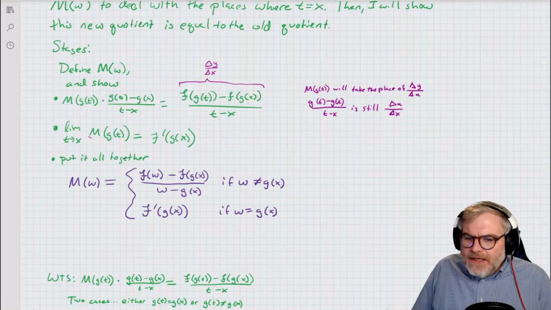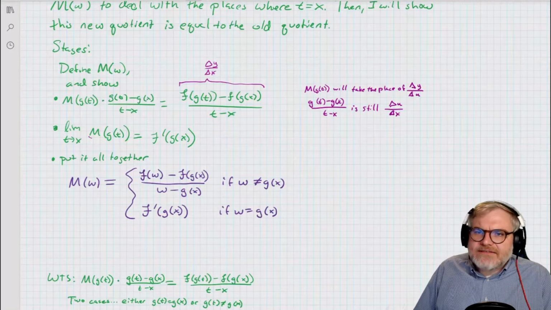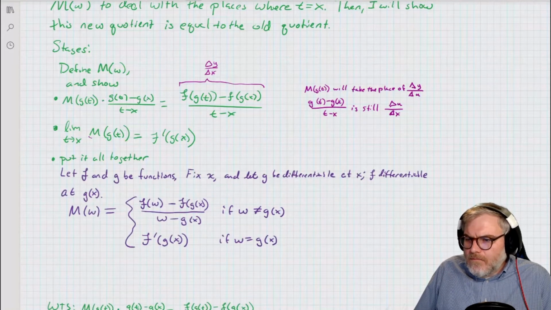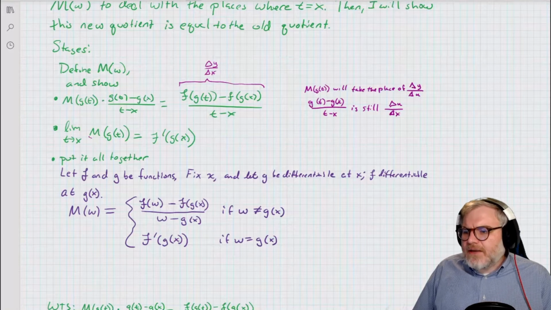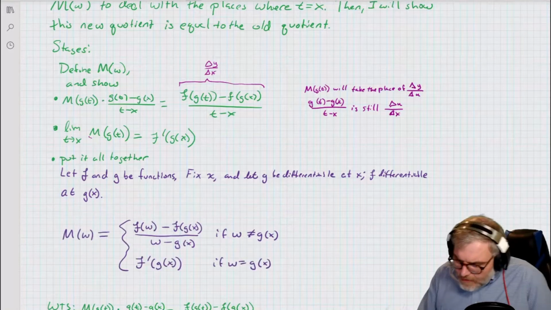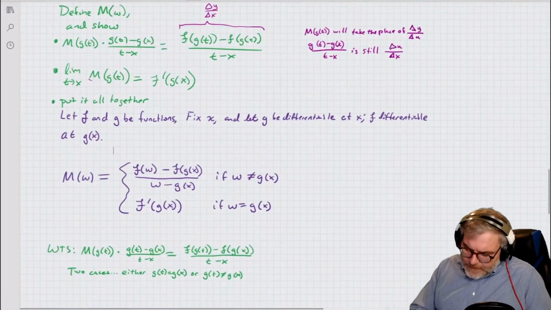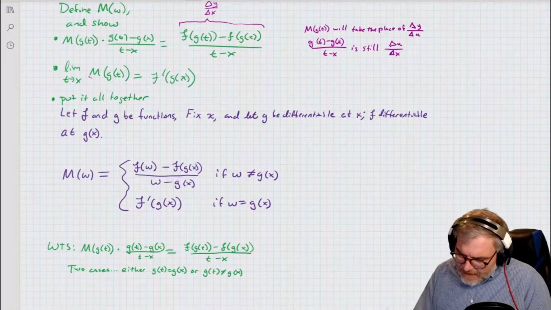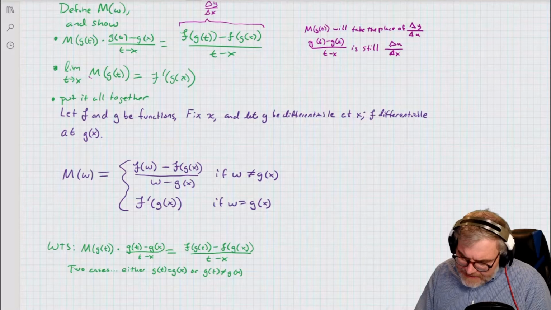So I already have an x. So this x here that I'm doing is independent of w. Notice that the only things that are going on here, I've got an f of w here, that's dependent upon w.